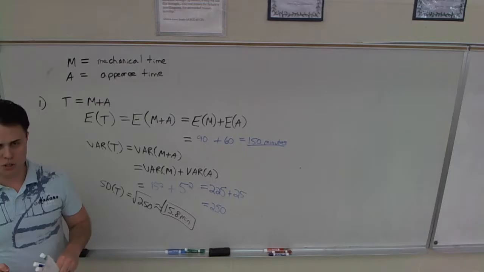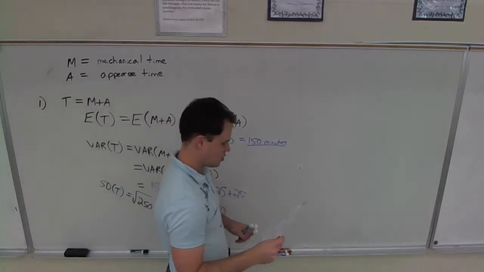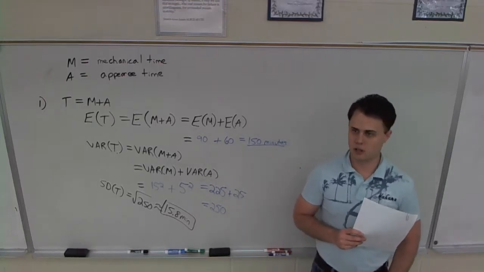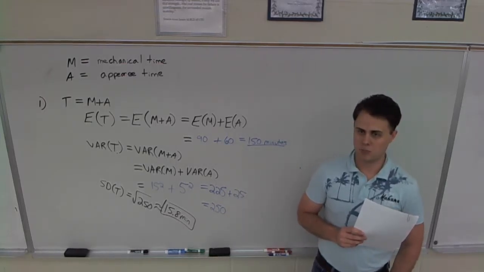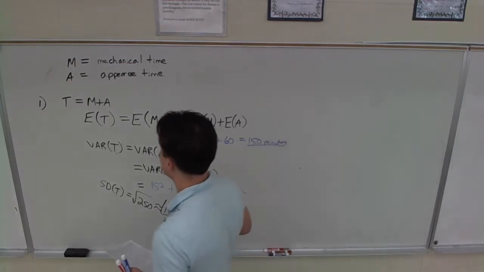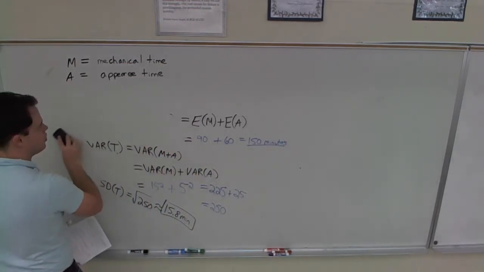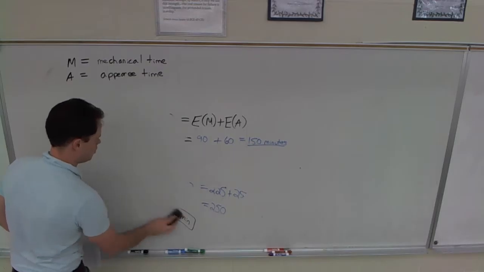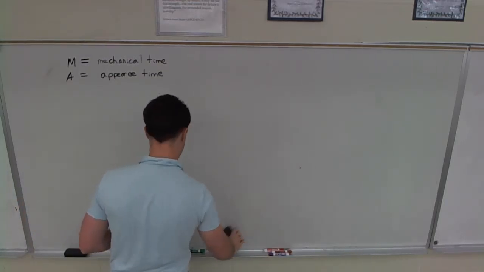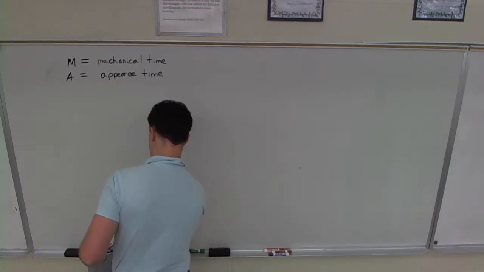All right. Question 2 says, what are the mean and standard deviation, not for the time, but for the money, the expense? So let's define a new random variable. I'm going to keep these in mind, though. So you guys keep those in mind.